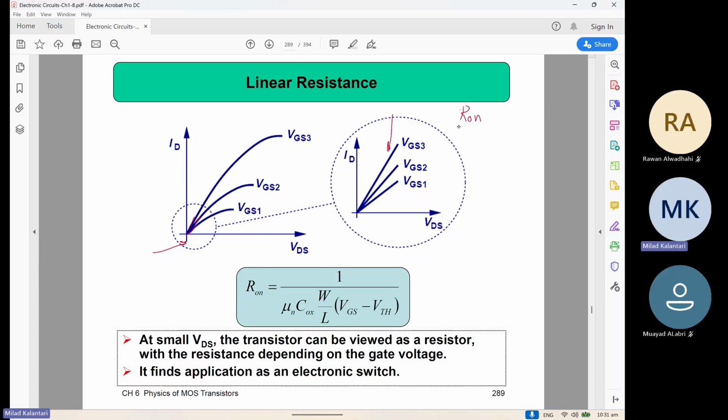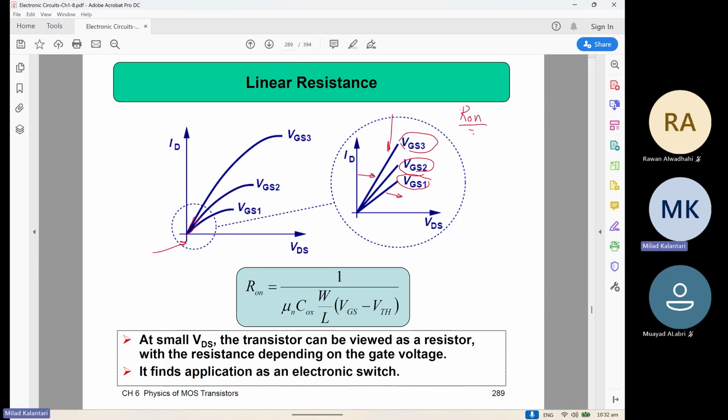And this R on value can be controlled with the VGS. So the higher VGS you apply, you make the channel more conductive, and then the resistance will be less, right? This is basically ID versus VDS, and in this one the resistance is higher.